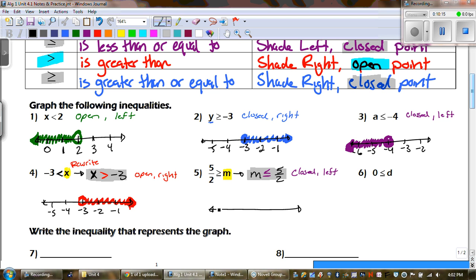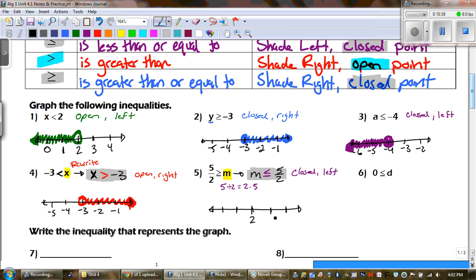Now, the only problem with this is, well, what's 5 over 2? Okay, if you don't know what 5 over 2 is, divide it, and you get 2.5. All right, now, when we graph this, we're graphing integers. I'm not graphing decimals, okay?